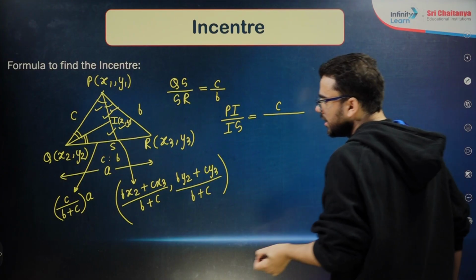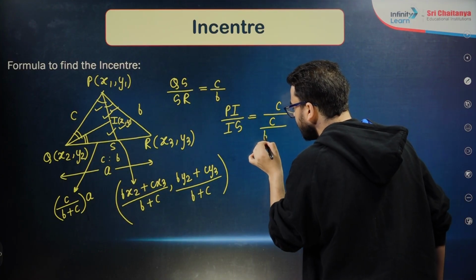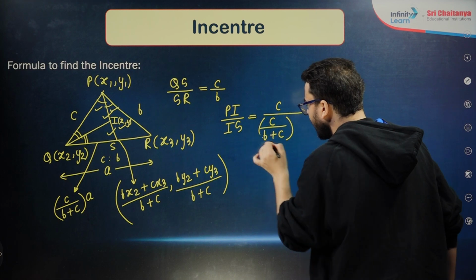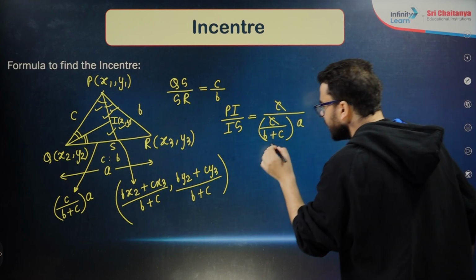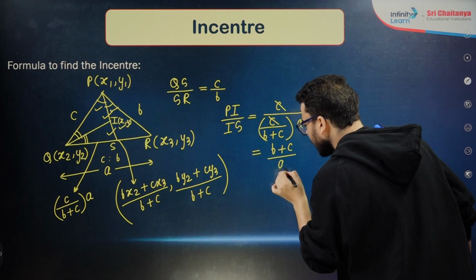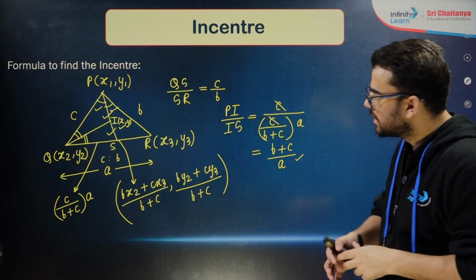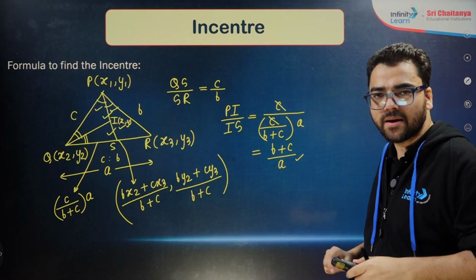We have got QS as C upon B plus C into A, so this will cancel out. B plus C will go in the numerator. So that is equal to B plus C upon A. I hope this logic is clear. So you see, PI upon IS is B plus C upon A.